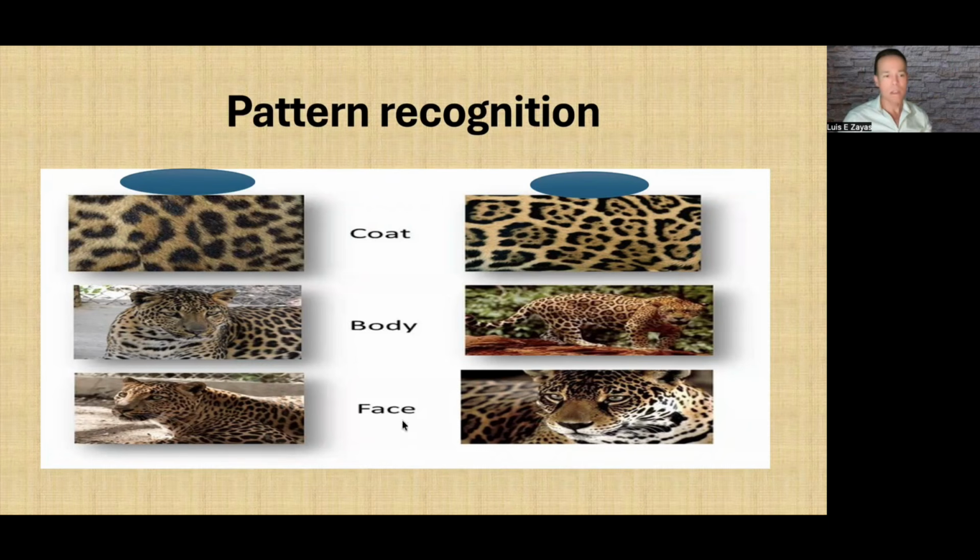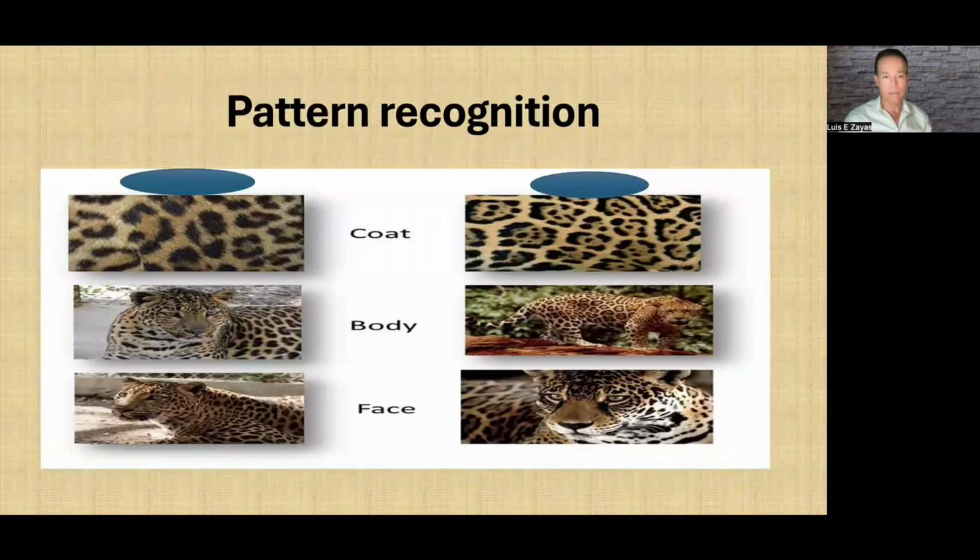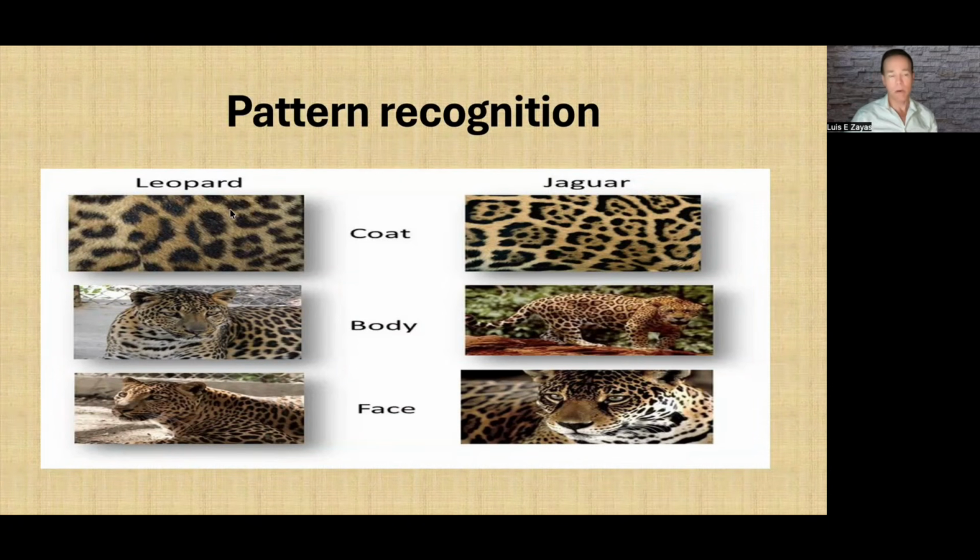So if you see, there are differences. One of them is the head is larger, and the rosettes have dots. So if you know a little bit more about big cats, you will know that this is the jaguar and this is the leopard. You can get better identifying this, but you need to practice.